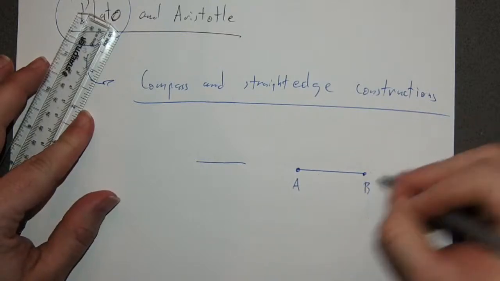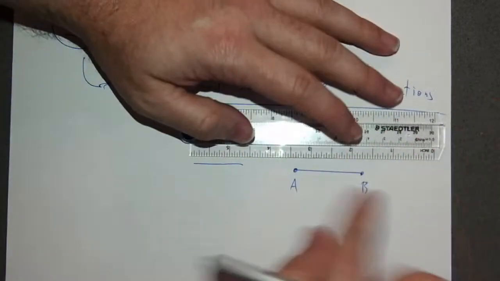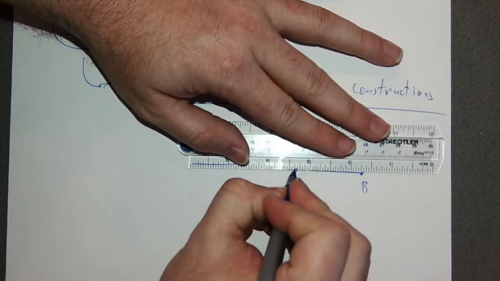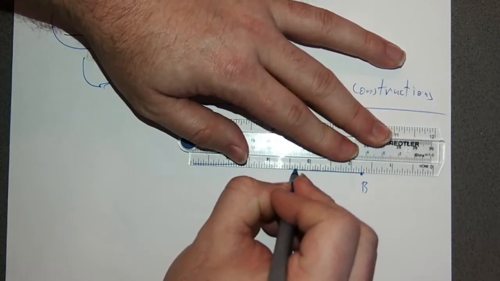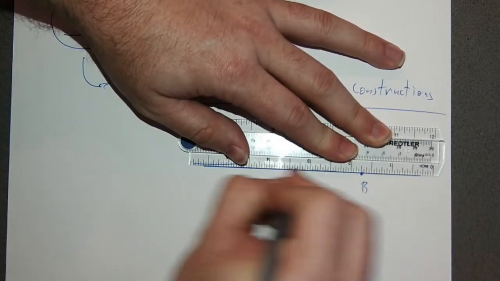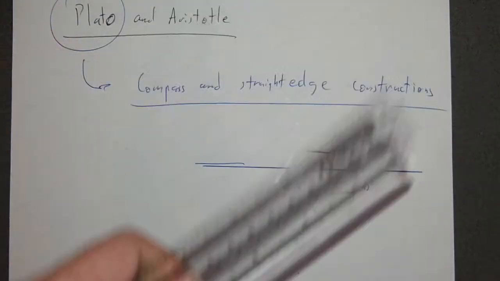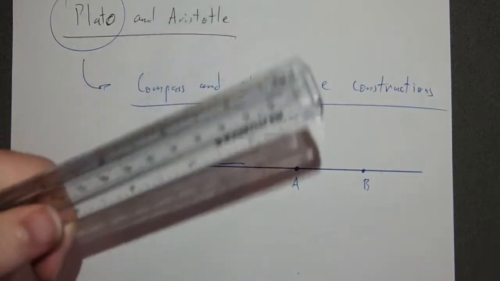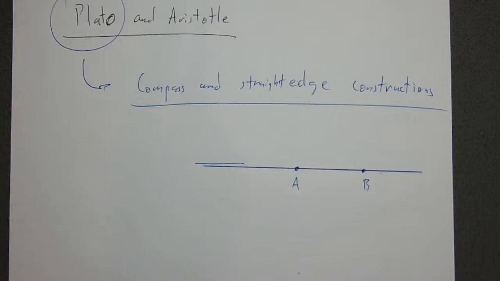But in order to prove something about it, I need to extend it to be longer, so that I can talk about some intersection this segment would have if it were longer. Well, I can use this straightedge to extend my segment. Actually, that's all I'm allowed to do with it. It is used merely as a tool for making segments longer.